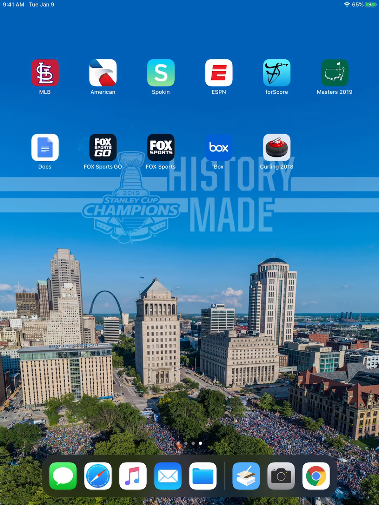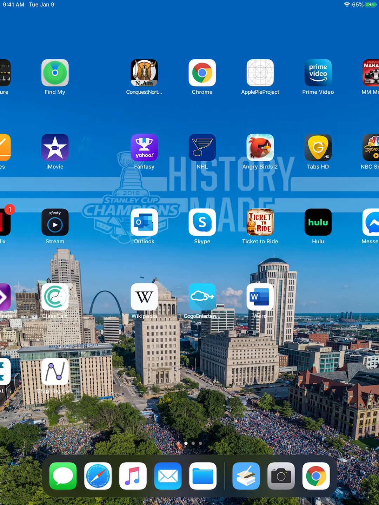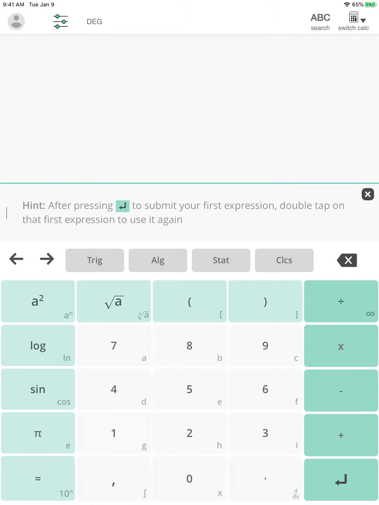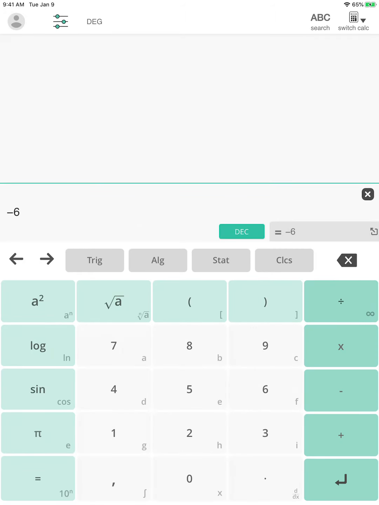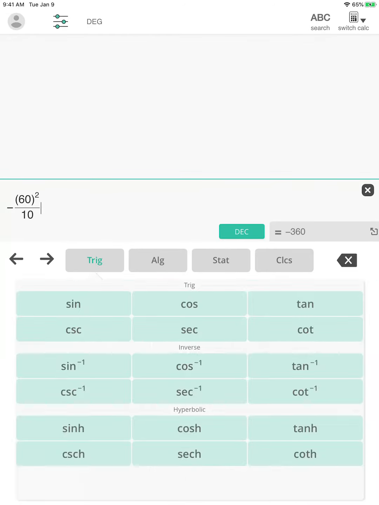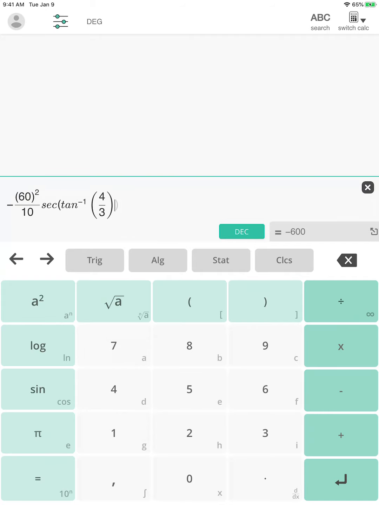Okay, so here, I'll just go ahead and put this one up on the screen. So in your scientific calculator, it's going to be negative 60 squared divided by 10 times going to trig to get the secant, trig again to get inverse tangent of 4 divided by 3. Close the first parenthesis, close the second parenthesis, and then square it.